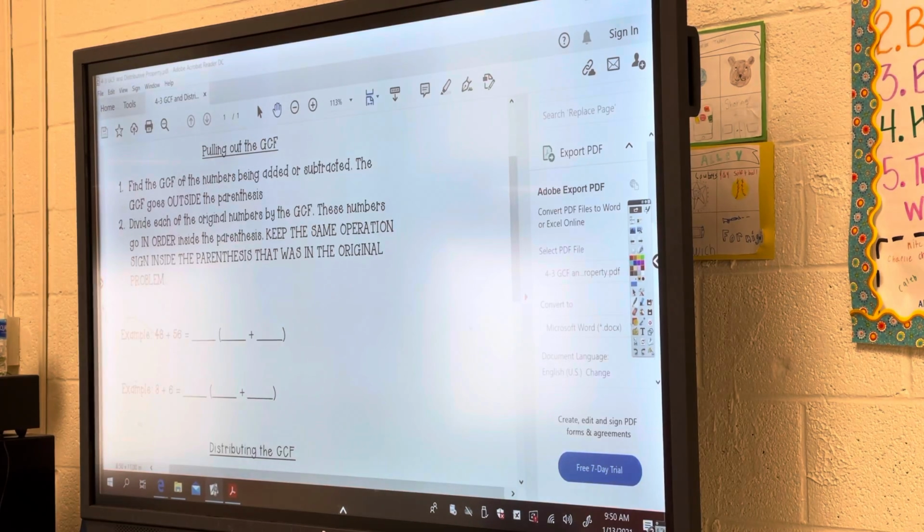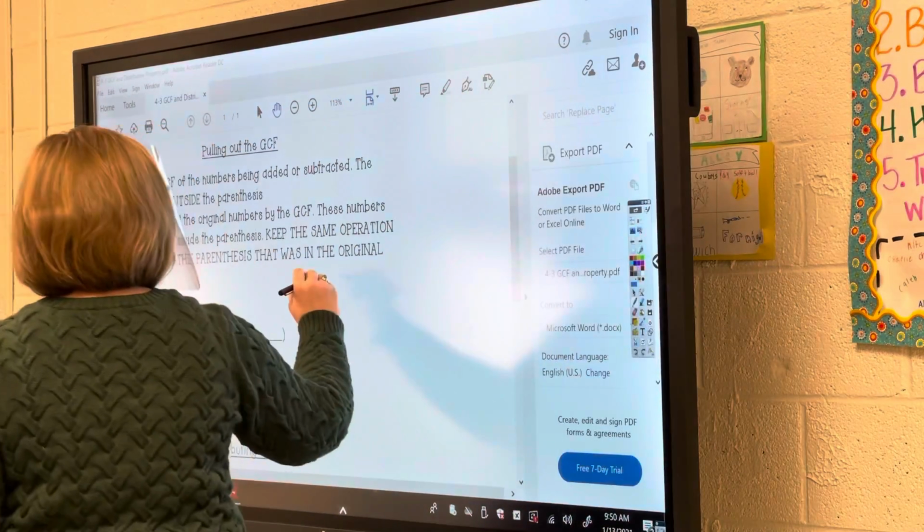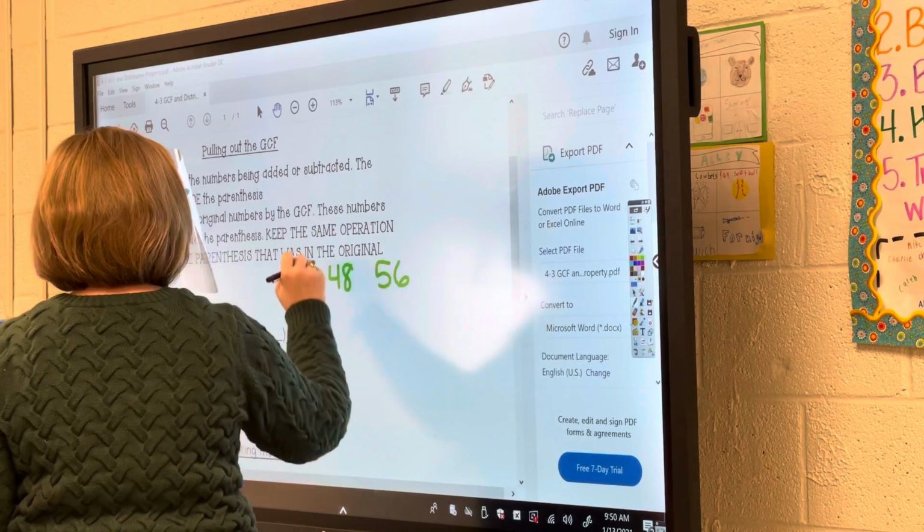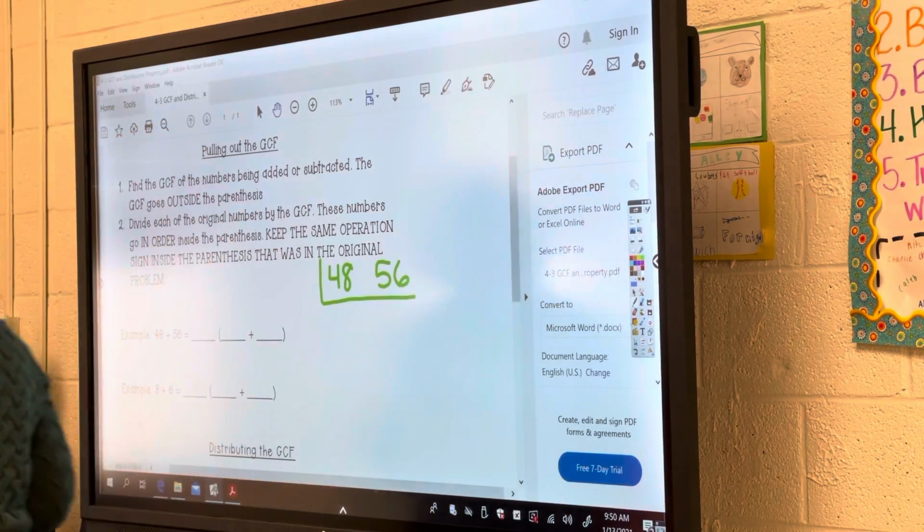So if we look at 48 and 56, we are going to use the ladder method to figure out the GCF of 48 and 56. So over here to the side, I want you to write 48 and 56 and draw your first step.